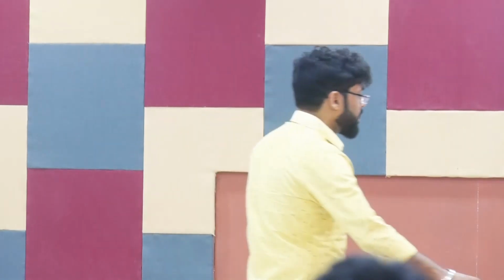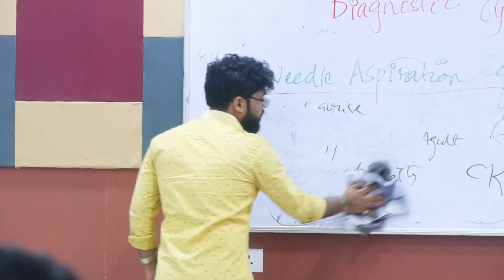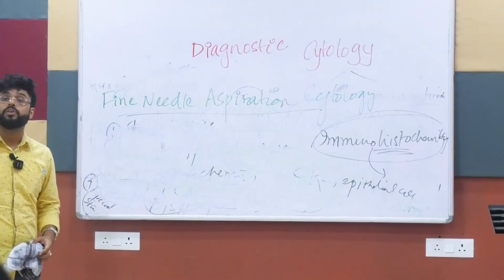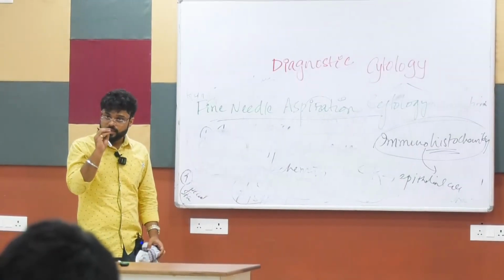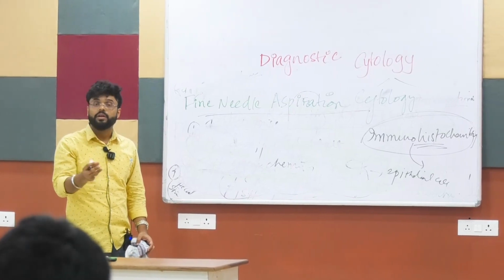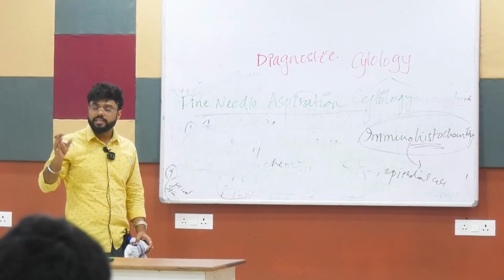And last but not the least, I think, the FNAC sample can be converted into a histopathological block. FNAC is cell cytology, the cellular morphology. From the cell cytology, we can see the cellular morphology, but there are some limitations.